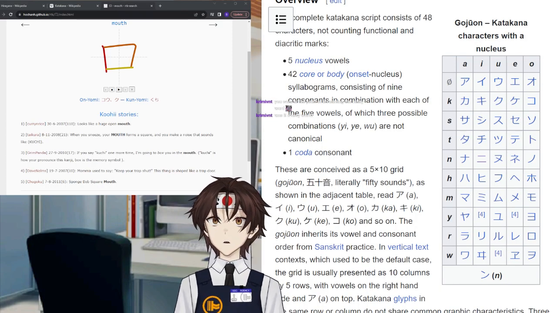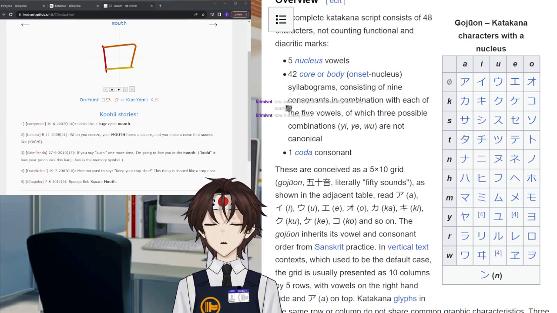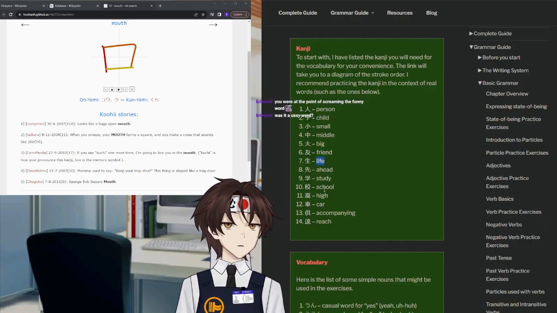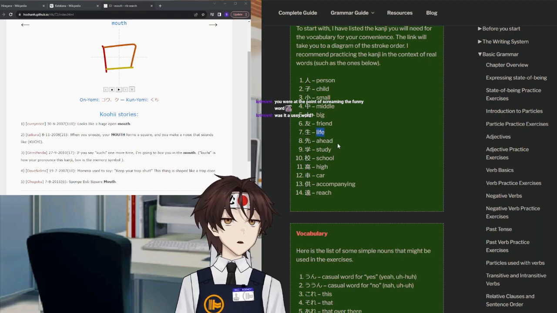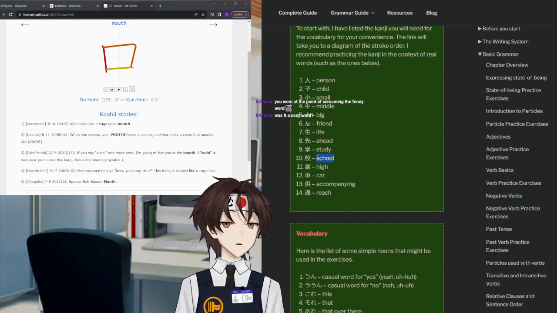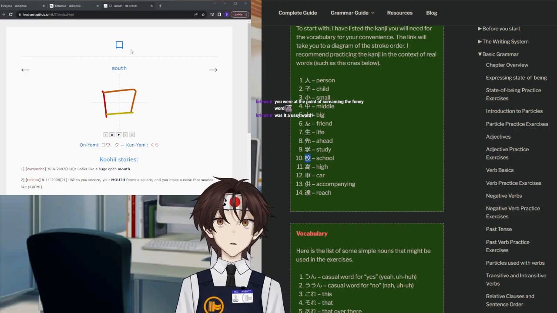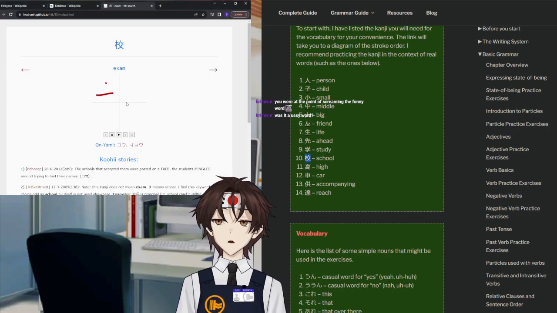Ah, okay, cool. And kuchi if you're just saying mouth. Okay. And life, sei, shin. Study, gakko, school. Actually, come to think of it, school. Oh, exam. Cool.